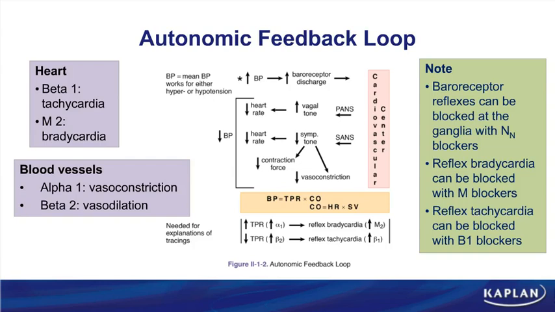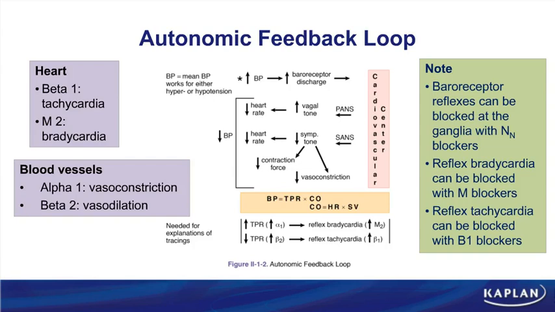The muscarinic blocker would not stop the alpha-1 agonist from binding to alpha-1 receptors. What it would stop is the reflex bradycardia. The alpha-1 agonist would cause the pressure to go up. TPR and blood pressure would increase. But when you go to fire that reflex through the parasympathetic nervous system to the heart, you get no effect because your muscarinic receptors are blocked.